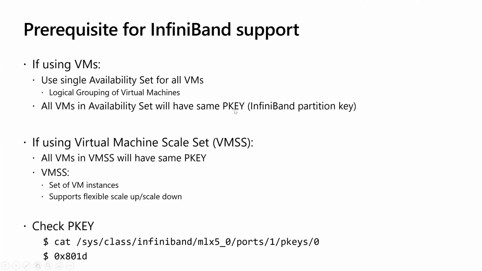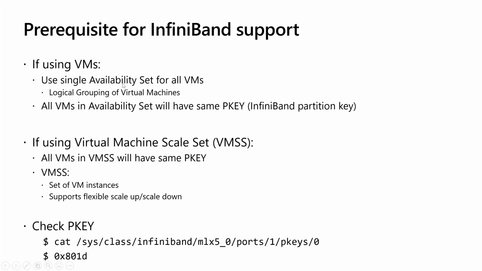We use InfiniBand P keys to isolate traffic from different customers. So when deploying VMs, make sure all the VMs are using the same availability set. If you are using the HPC scripts, like the one John showed, they already take advantage of VMSS, and they will all have the same P key.